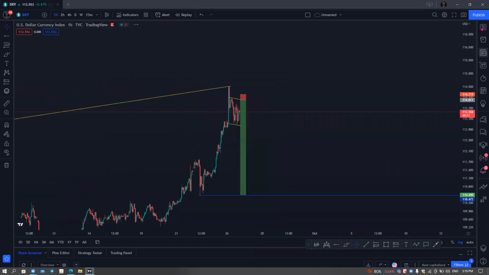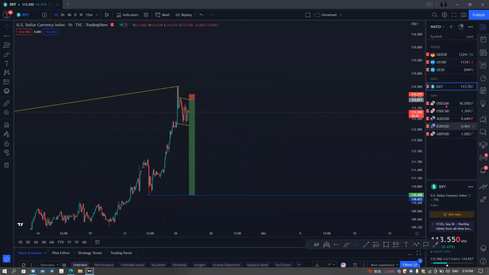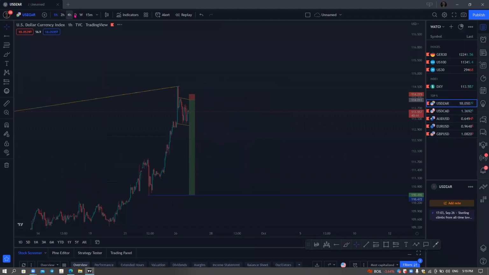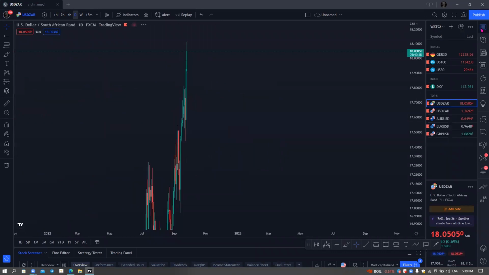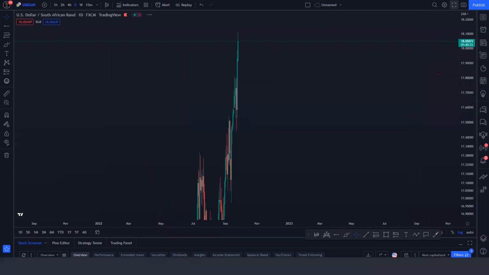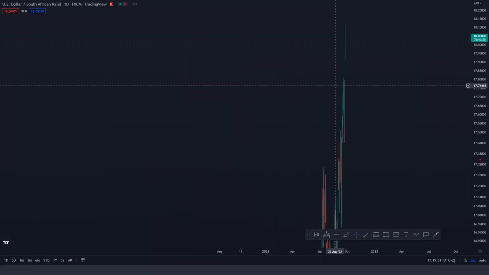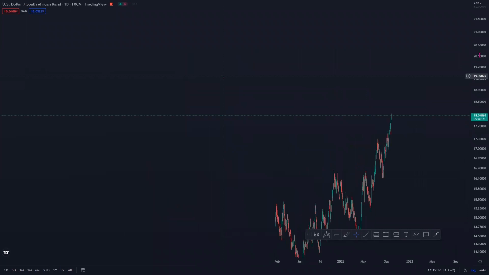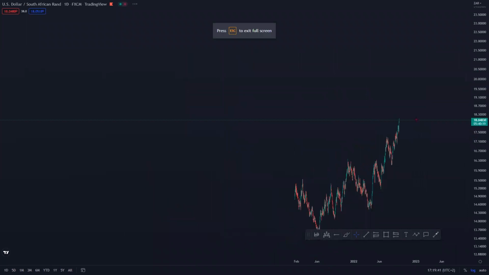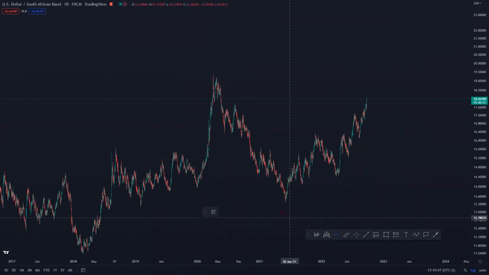So let's check another pair. We know what's happening on the DXY. Our first pair will be USDZAR. On the daily time frame, you're focusing here.